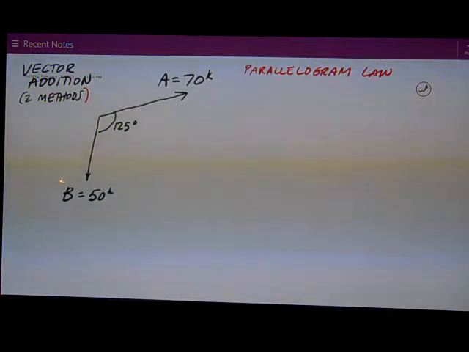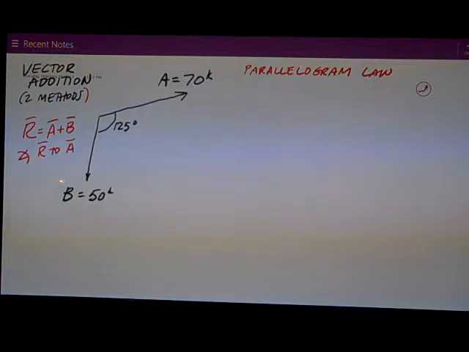I want to know what the resultant of A plus B is, and then I want to know the angle from the resultant to vector A, the angle between those.